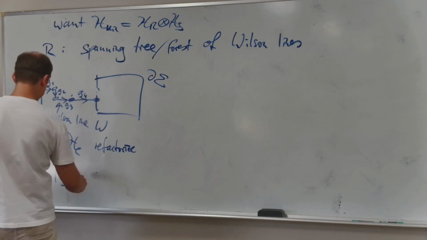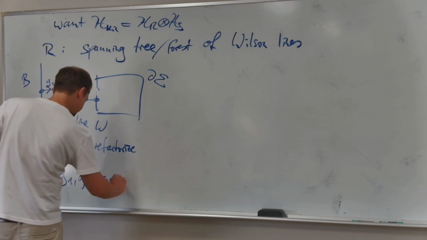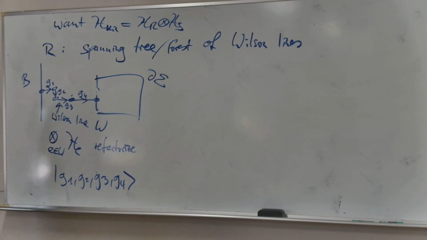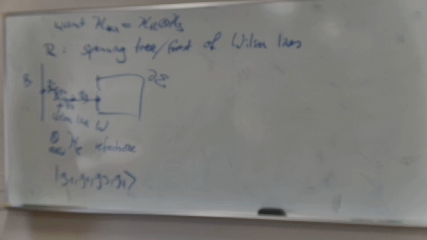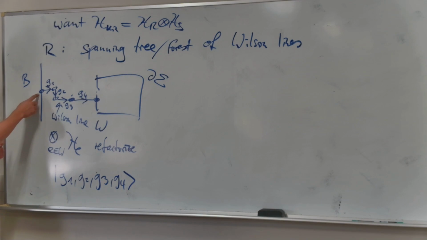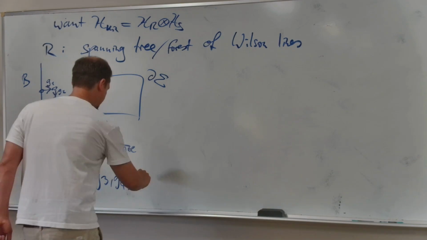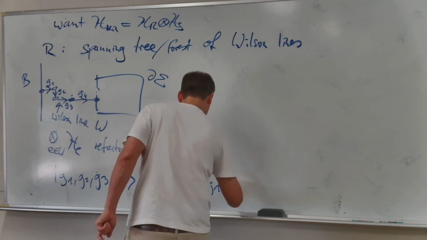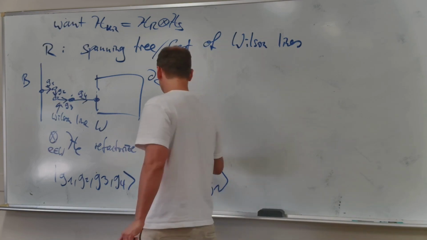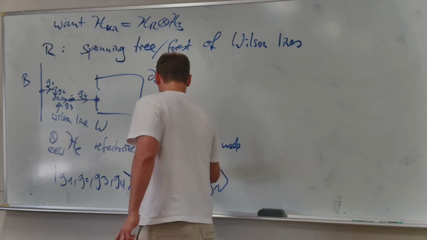So we have edge variables here, and we're going to refactorize that into Wilson line variables. That means a Wilson line from here to here, from here to there, from here to there, from here to there. It's exactly the same amount of information. So we're going to go now to cumulative node variables.